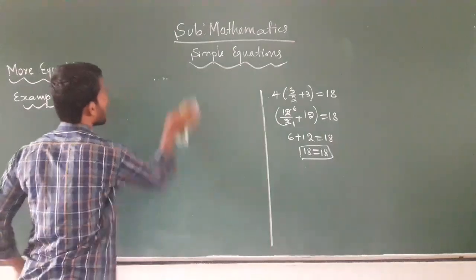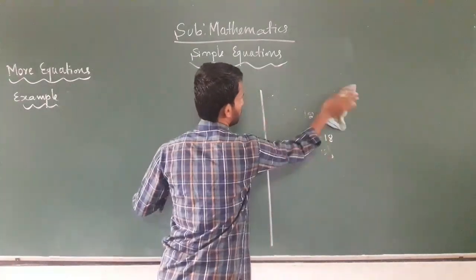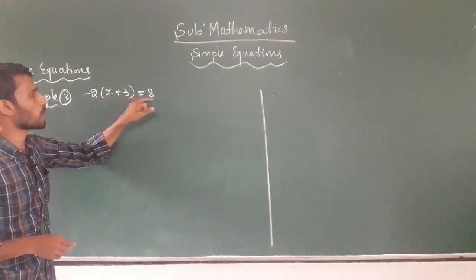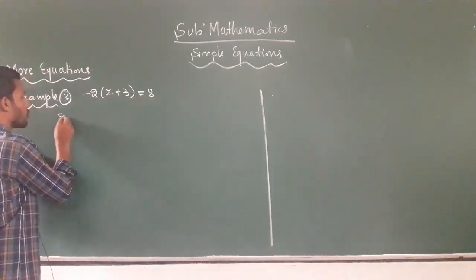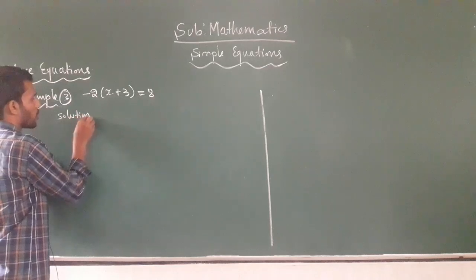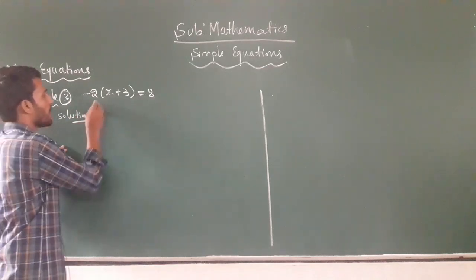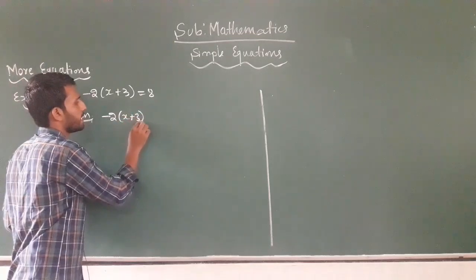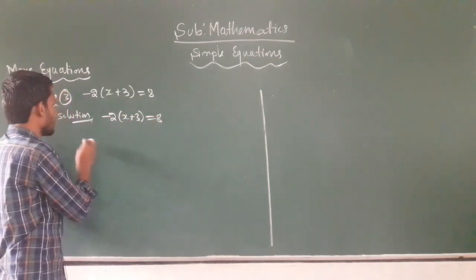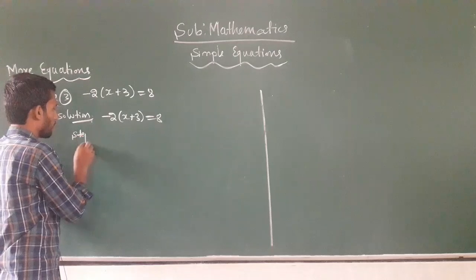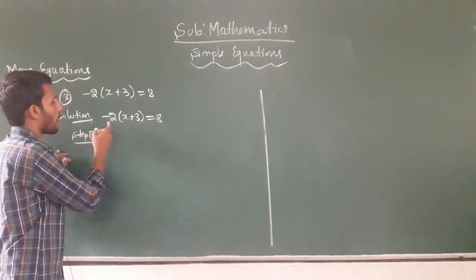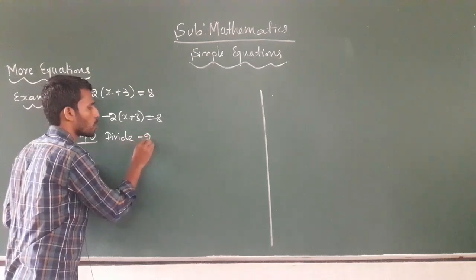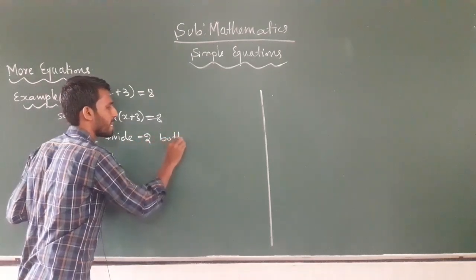Let us see the next example here. Minus 2 in the bracket x plus 3 is equal to 8. Here, friend, the solution. See, first we have the LHS, minus 2 in the bracket x plus 3, is equal to 8. Step 1 is we have to divide by minus 2 on both sides.